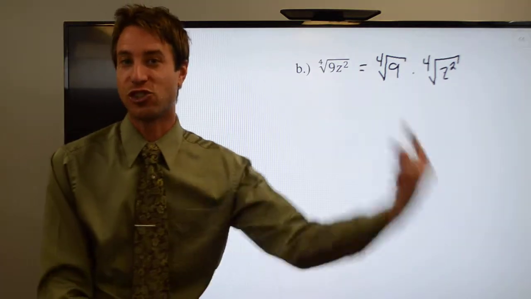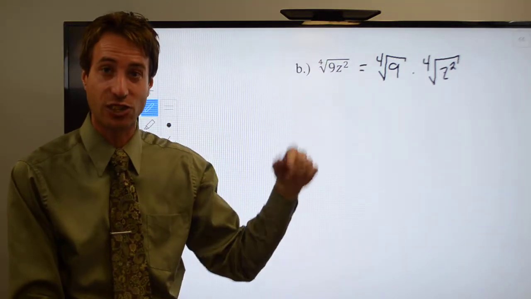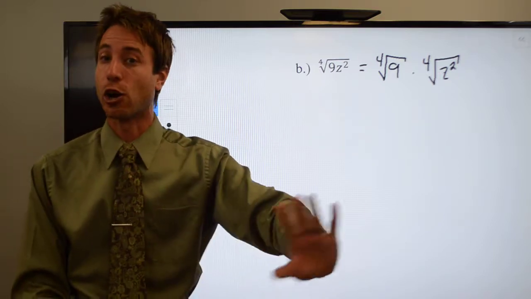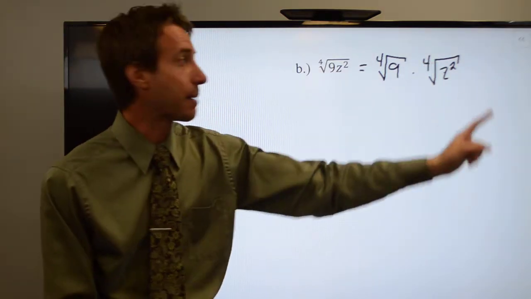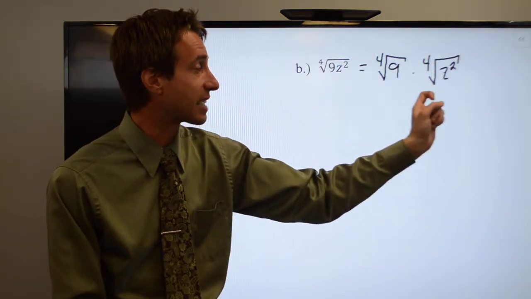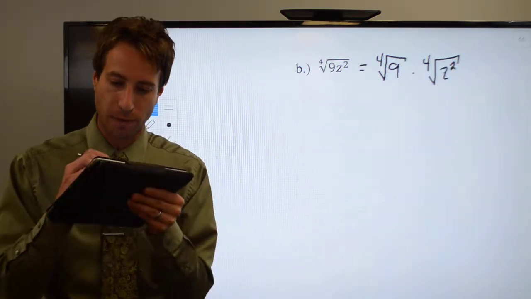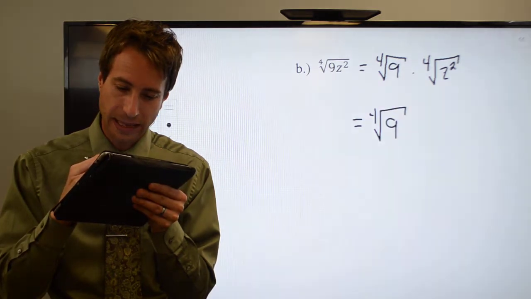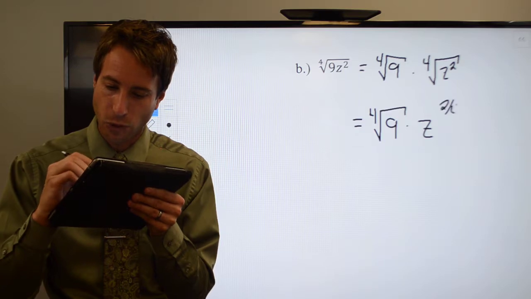Well, I talked about this just a second ago when we started this on this page of the notes, when I went back to a previous problem where I had made a mistake and I didn't go quite far enough. Here it is. I'm sorry, my power is 2, my index is 4. So this is going to wind up being a 2 divided by 4. So we'll have a 4th root of 9 multiplied by z to the 2/4 power.